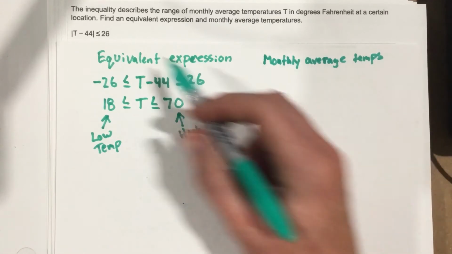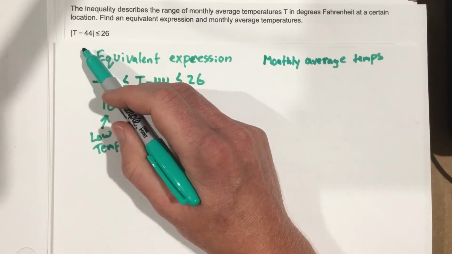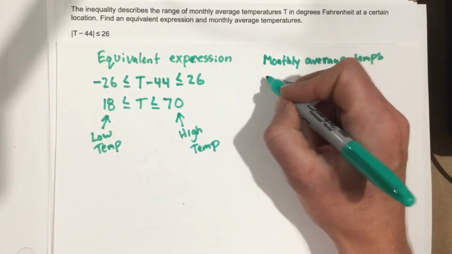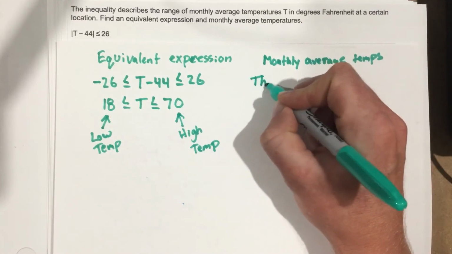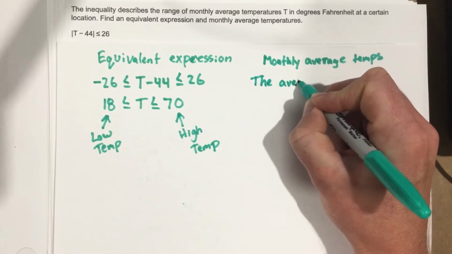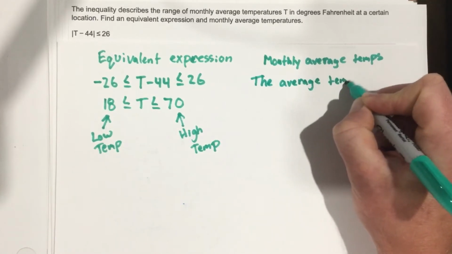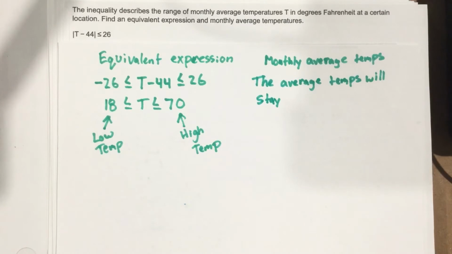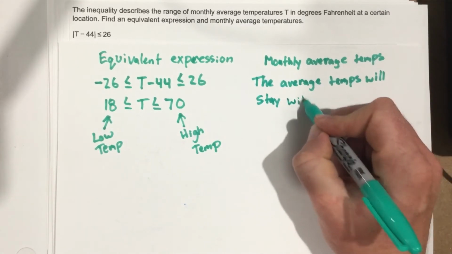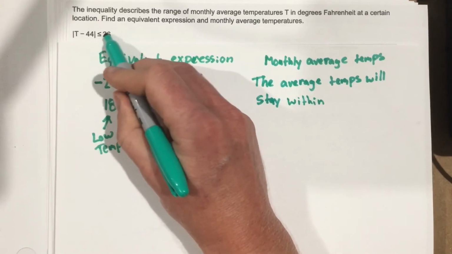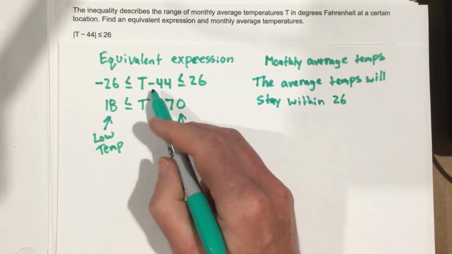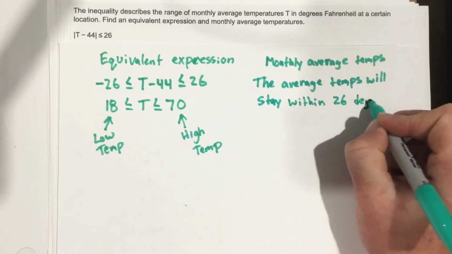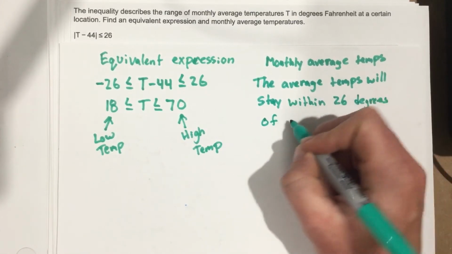We can say that the average temperatures will stay within 26 degrees, because if you notice here, the 26 degrees was our variation there, so 26 degrees of 44 degrees.